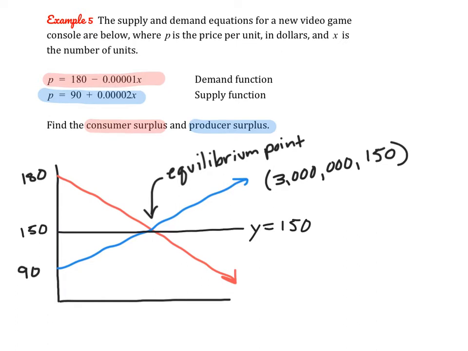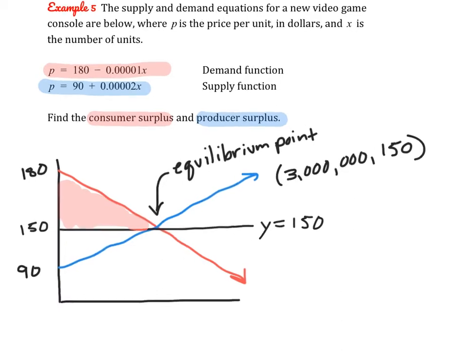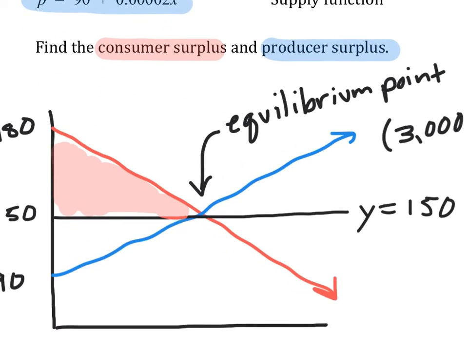And our goal is going to be to find the area of this shaded region, which is going to be your consumer surplus. And then we're going to find the area of this region above your supply function, but below that equilibrium line, and that's called your producer surplus.